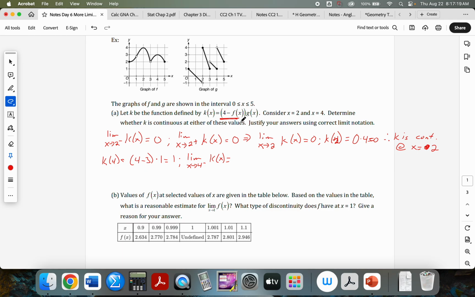But what happens as we approach 4 for g of x, as we approach from the left? Oh, sorry. We're approaching 1. Right. So this ended up being 1 times 1 is 1.